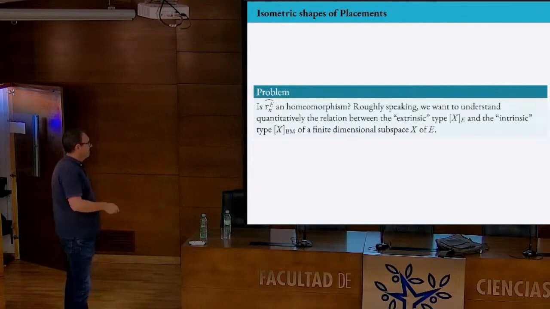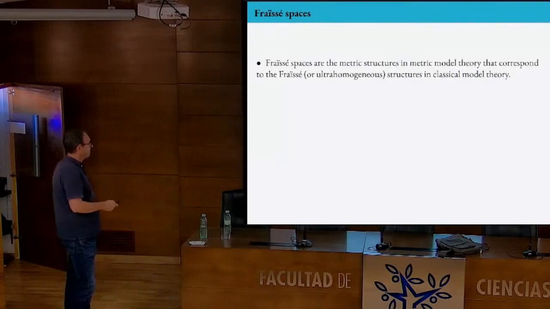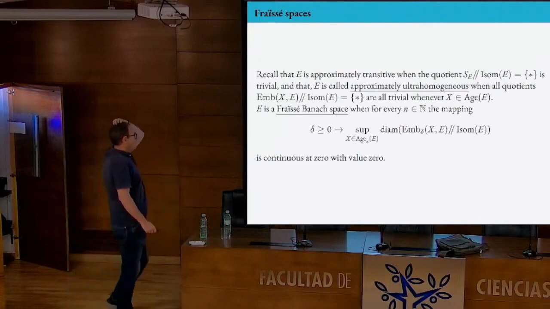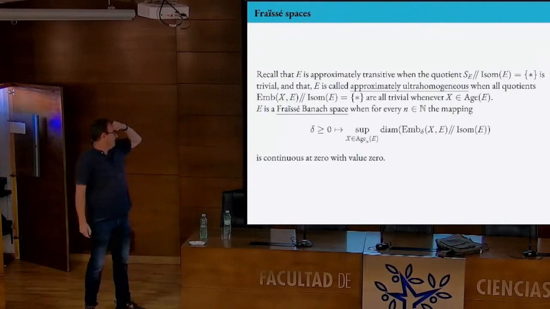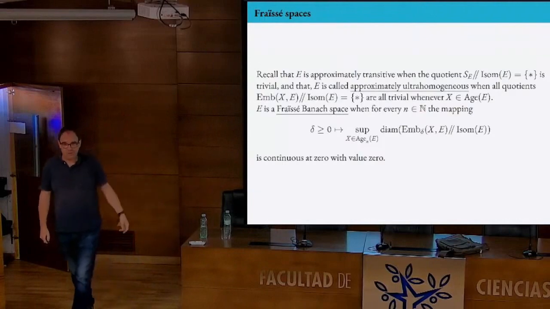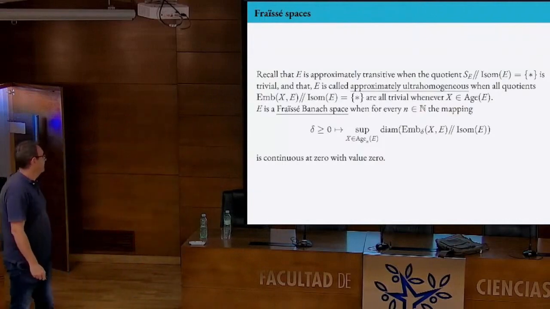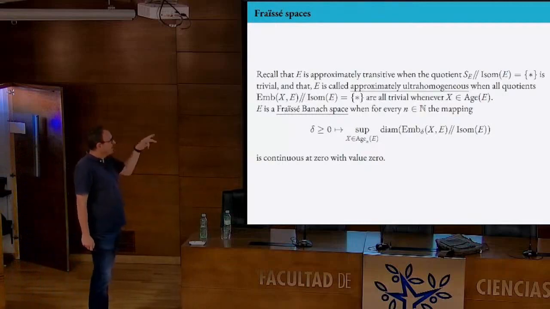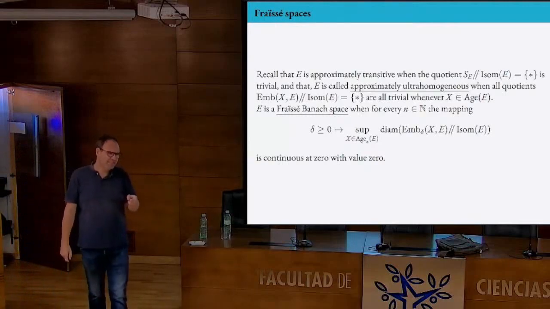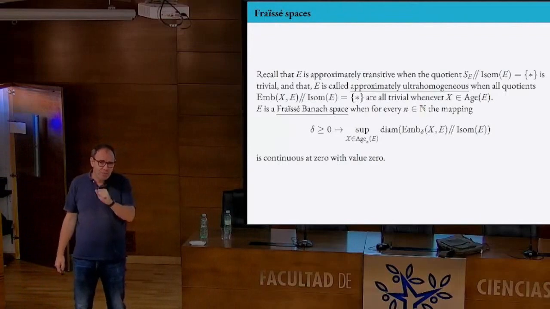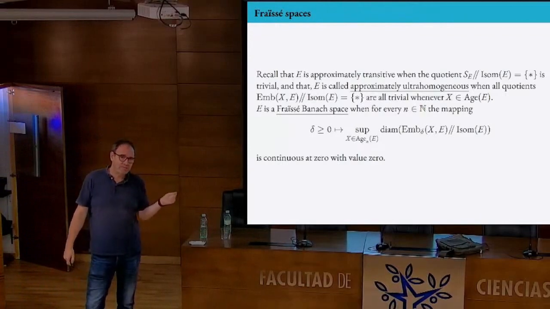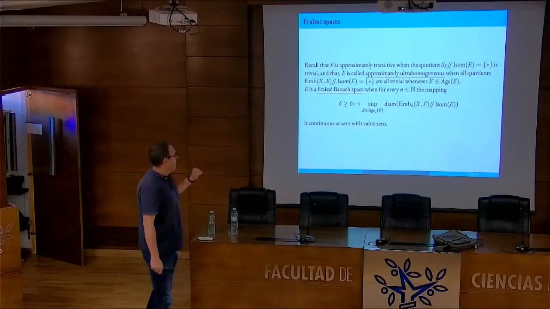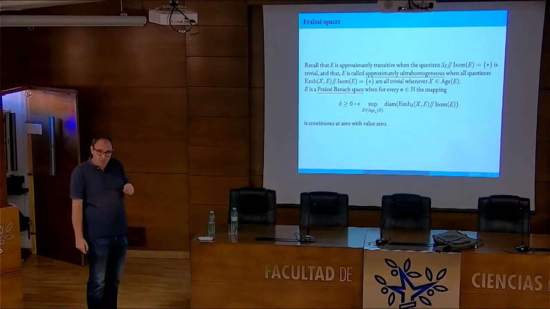Okay, so again, the same thing. Good, related to that, because it will come soon, I guess why I am mentioning this now. There is this approximate ultra-homogeneity and something a little more, although we don't know if it is not the same at the moment, we don't have examples, a little more than approximate ultra-homogeneity.